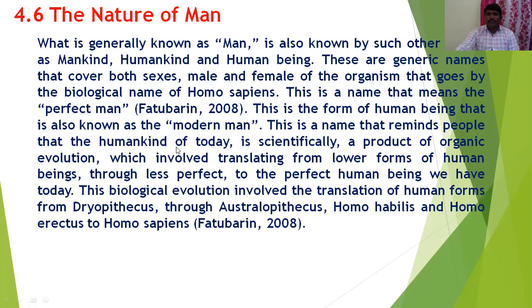This is a name that reminds people that the humankind of today is scientifically a product of organic evolution, which involved transition from lower forms of human beings, less perfect, to the perfect human being we have today. This biological evolution involved the transition of human forms from Dryopithecus through Australopithecus, Homo habilis, and Homo erectus to Homo sapiens.